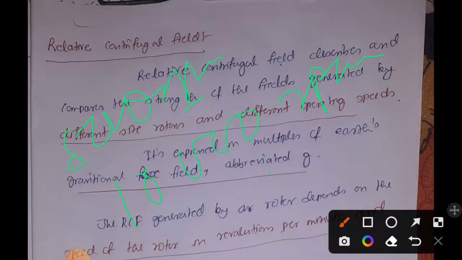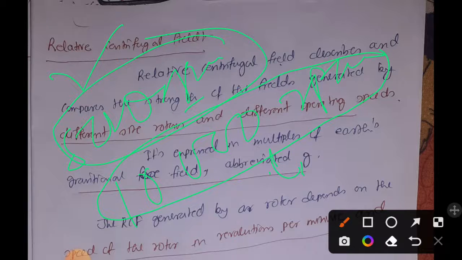So the centrifugal field generated in your case will obviously be different from the centrifugal field generated in my case, right? So in both the cases, if we are handling the same sample, the separation result may differ, isn't it? That is the concept of relative centrifugal field.